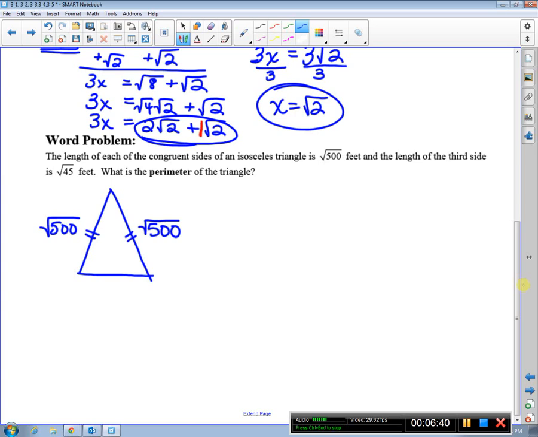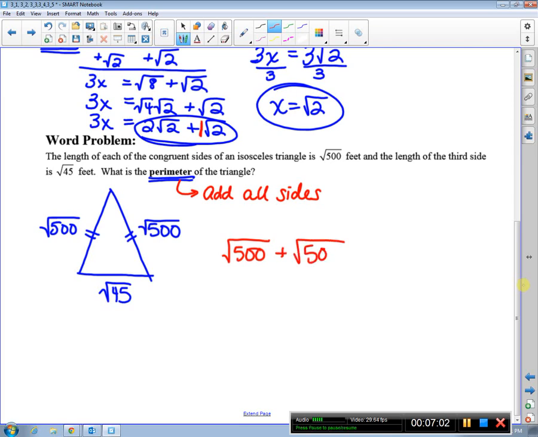And the length of the third side is the square root of 45. What is the perimeter of the triangle? So we know for perimeter, we add all sides. So let's write that down. Square root of 500 plus square root of 500 plus square root of 45.